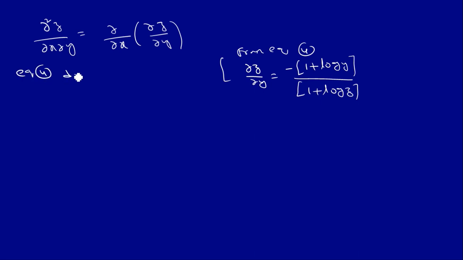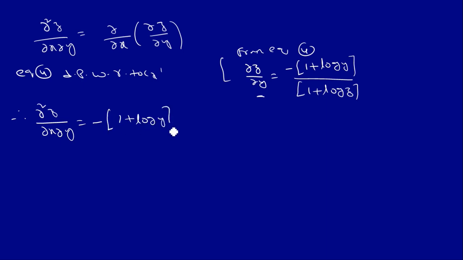So differentiating partially with respect to x, that means the differentiation of this one. Therefore, dou square z by dou x dou y. With respect to x, y is constant. 1 plus log y is constant. So what is the remaining term? 1 by 1 plus log y. The differentiation of 1 by x is minus 1 by x square.